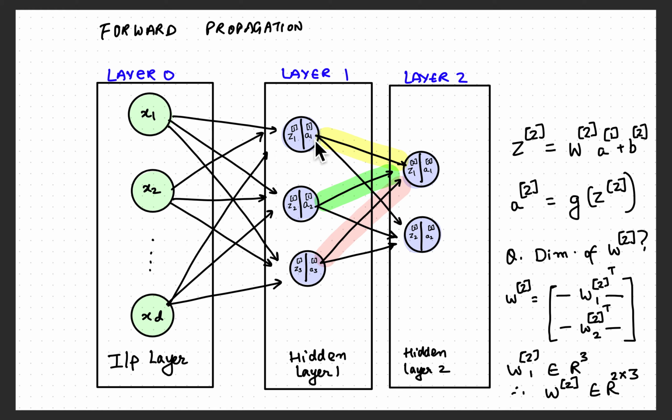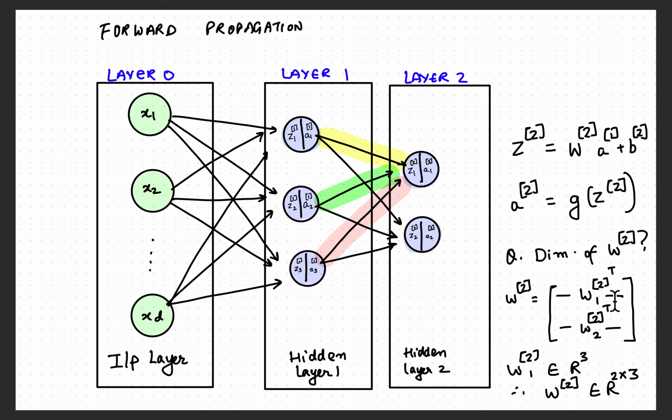So we'll have weights coming in from layer 1 node 1 to layer 2 node 1, layer 1 node 2 to layer 2 node 1, and layer 1 node 3 to layer 2 node 1. So you have three inputs, right? So this particular thing is three elements.